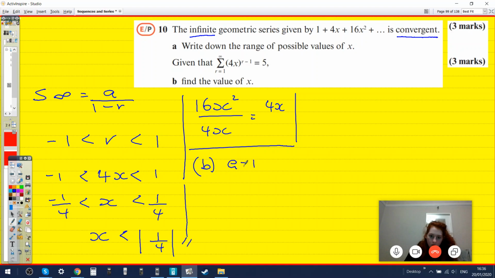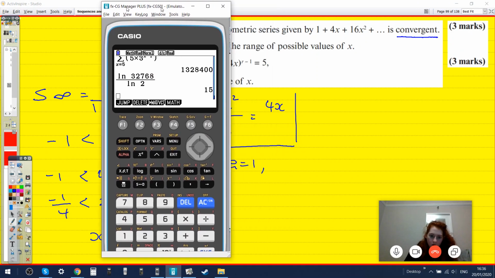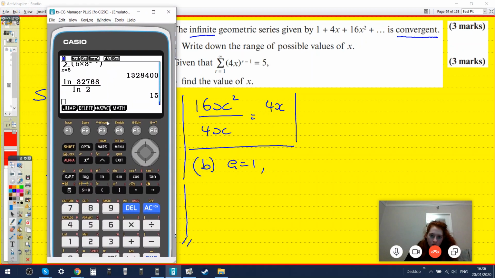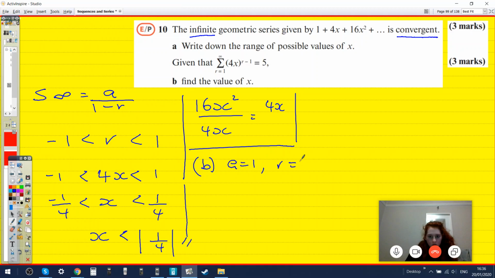Yep. And then is r minus a quarter or a quarter? Common ratio, we said r was 4x. So do we just input 4x there? Yeah.